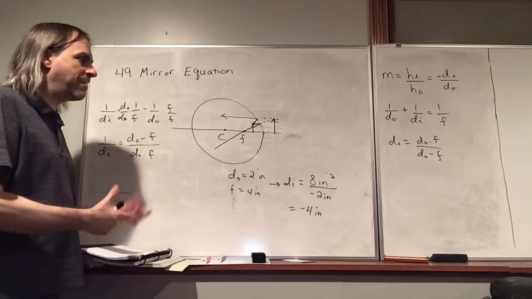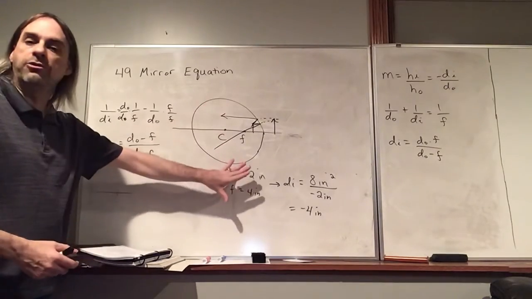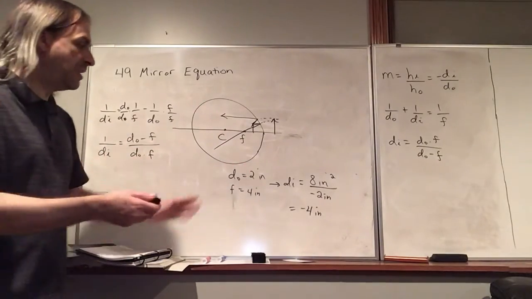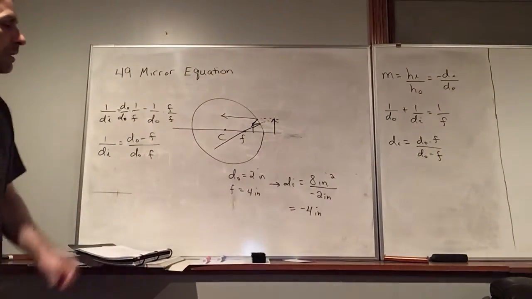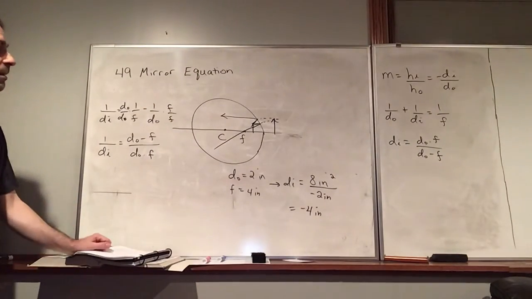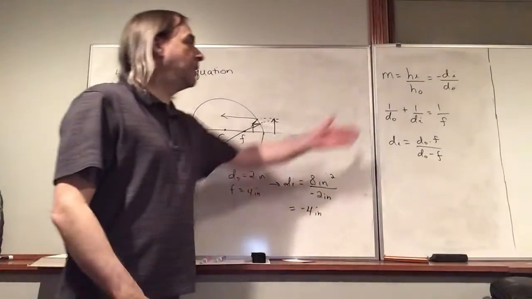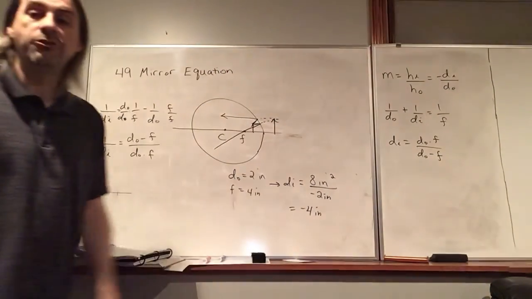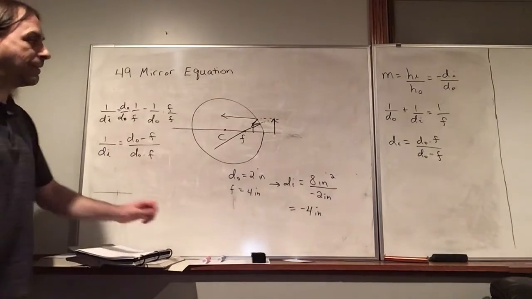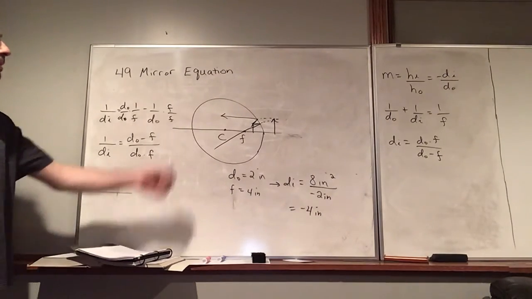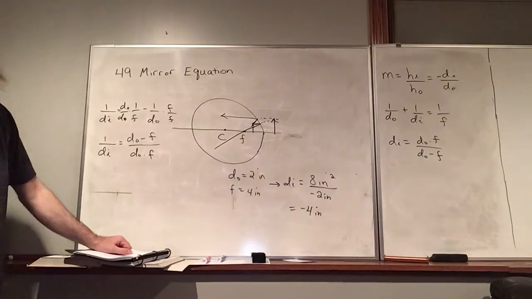In problems like this, I highly recommend doing a quick drawing, especially if these two things agree with each other. That's a good sign. But you can just use these two equations and the sign convention, and learn everything about these images. But it's always good to check if possible.